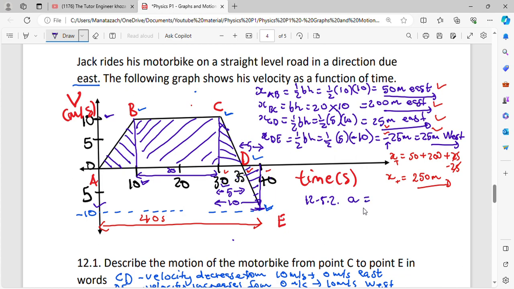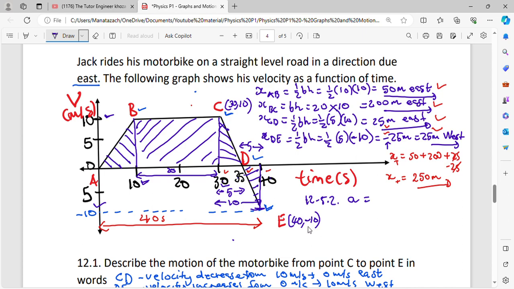So at point C, we have the coordinates: the time is 30 seconds, and the velocity is 10. And also the coordinate at E, the time there is 40 seconds, and the velocity is minus 10. So we can work out the slope.